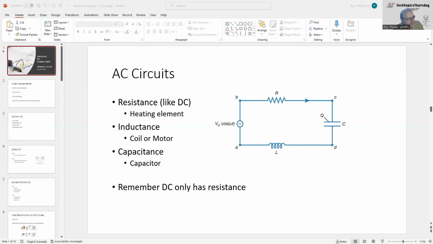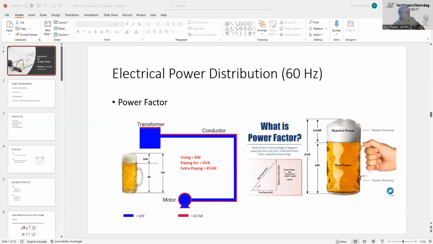And we'll be spending a whole lecture on capacitors and inductors, so this is just an overview of what's happening. It's a lot more complicated. These also react in DC, but in AC, it becomes more complicated. So one of the things we'll talk about is power factor.